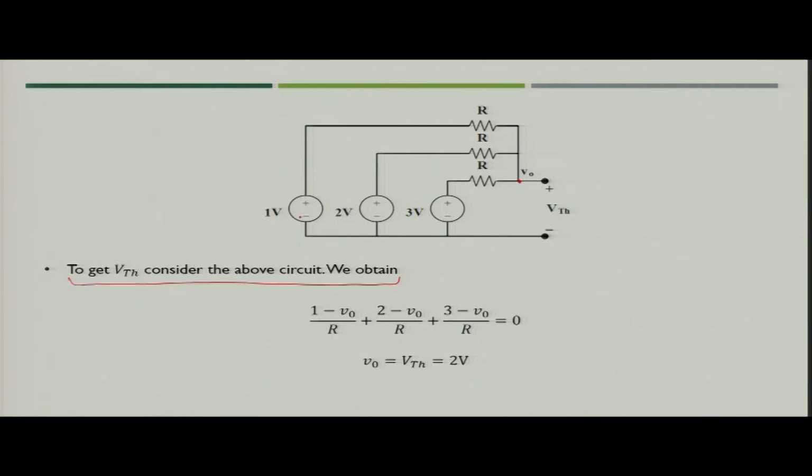So, what can you write at this point? Taking all currents in this direction, say I1, I2 and I3: 1 minus V naught by R is I1, plus I2 would be 2 minus V naught by R, plus I3 is 3 minus V naught by R, and as per KCL, the sum of all the currents at this node would be equal to 0.